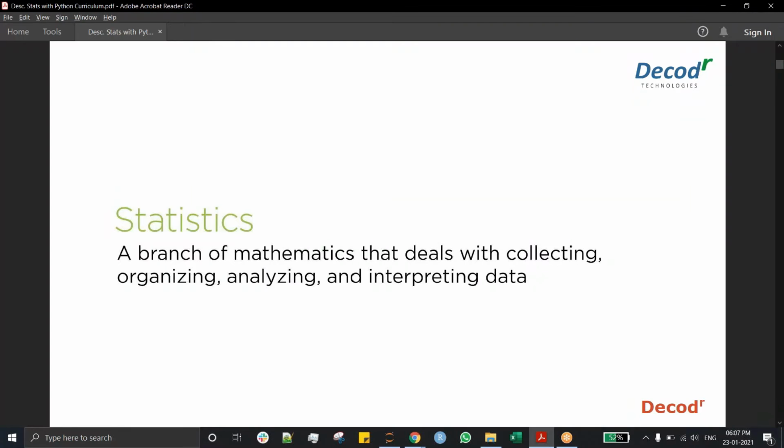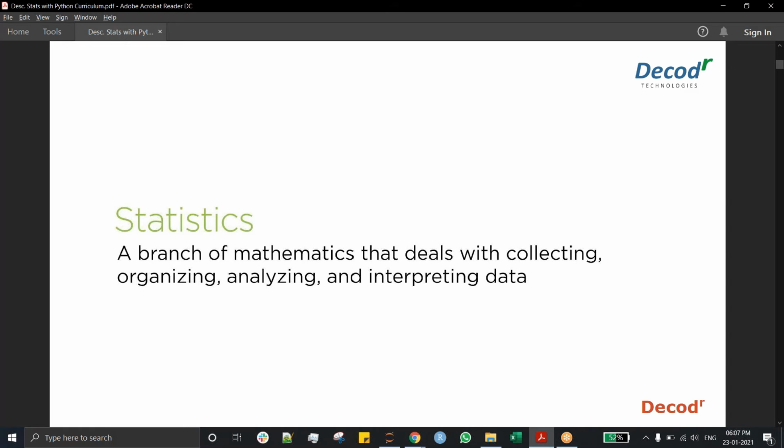What is statistics? Statistics is a branch of mathematics that deals with collecting, organizing, analyzing, and interpreting data. It starts with collecting the data. It can be a survey, a web form, or just getting any dummy values or simulations. Organizing basically means converting it into a format which is suitable for analysis.